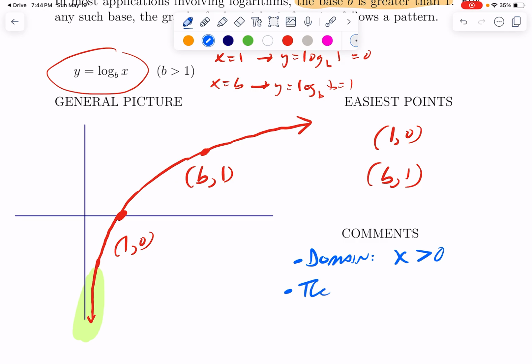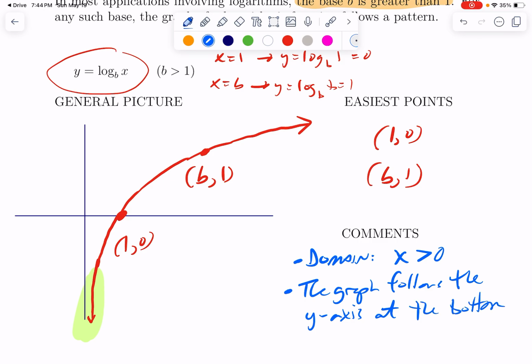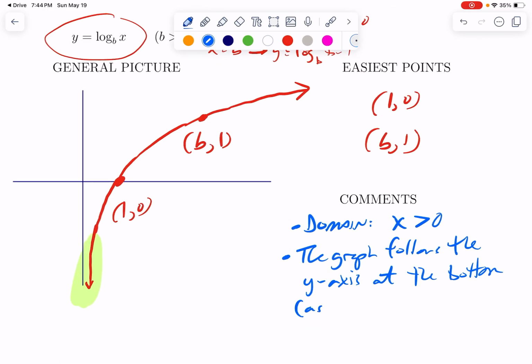So the graph follows the y-axis at the bottom. This is called asymptotic behavior. It's not literally a vertical line, but it's really, really close.